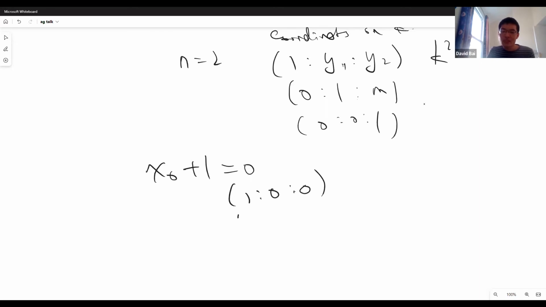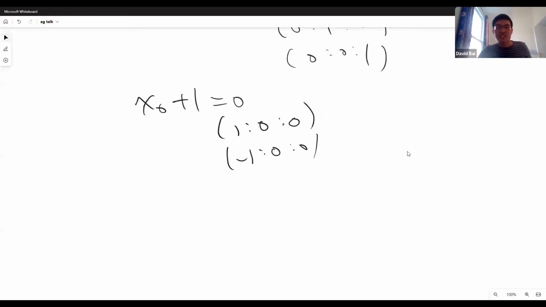But there is another representation of the same point, which says (-1, 0, 0). They're the same point, but this does solve this equation. So it can't just make sense of any polynomials. But instead, we can make sense of homogeneous polynomials.